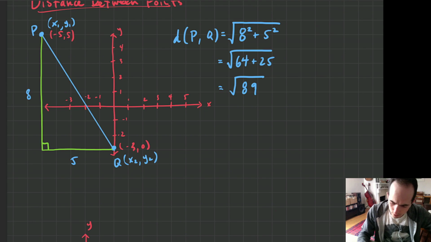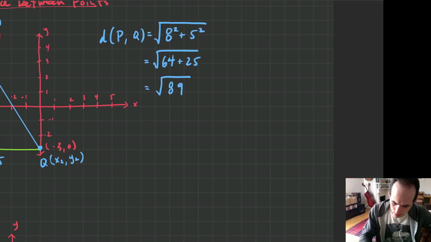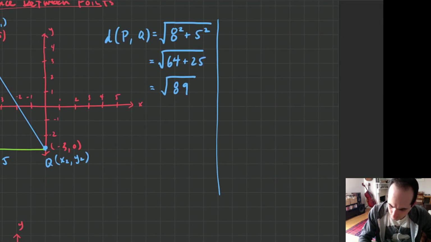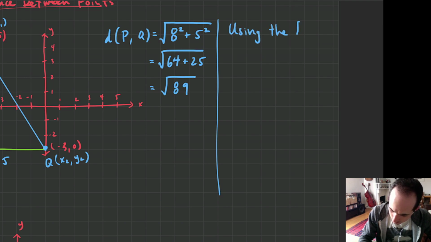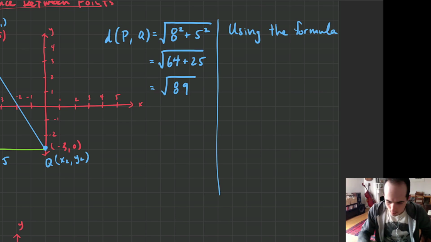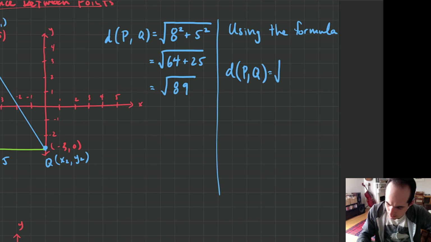So remember that using the formula, when we use the formula, we get that the distance between P and Q, dPQ, is equal to the square root, and I'm going to be running out of room here.